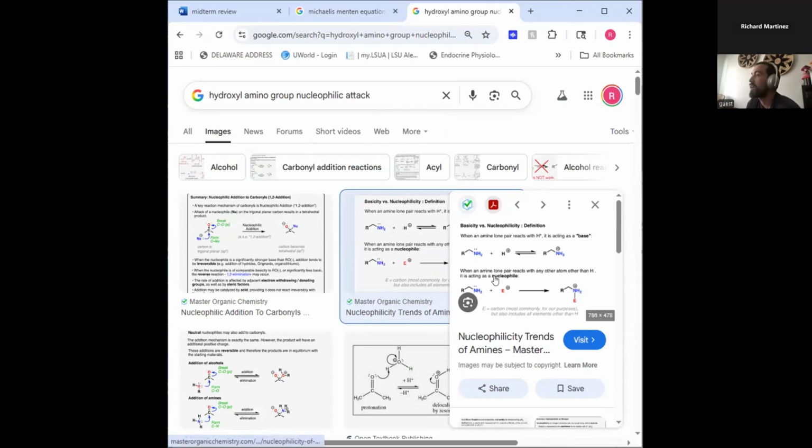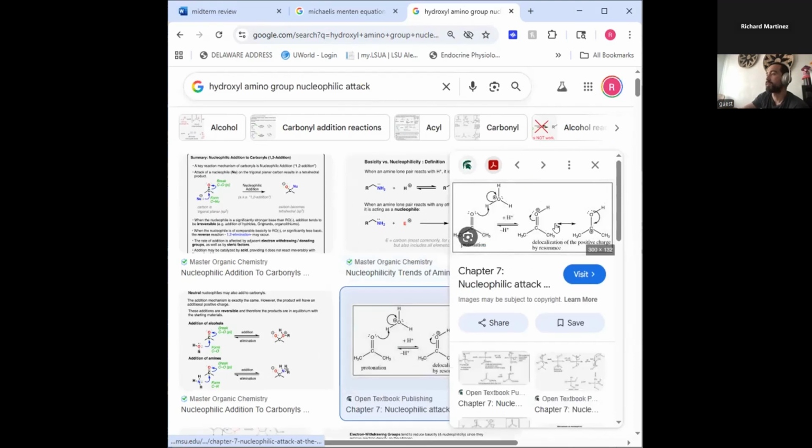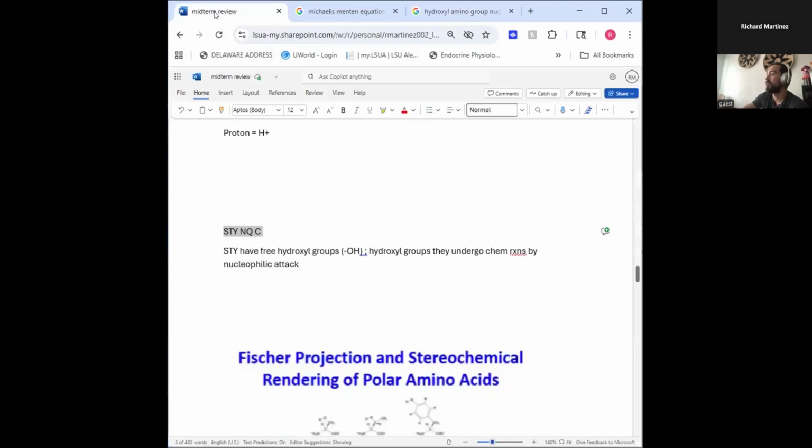So when an amine lone pair reacts with any other atom other than hydrogen, it acts as a nucleophile. Okay. So you can see here, kind of going into a little bit of OChem, but that's biochem. It's going to dance from gen chem, it's going to dance from OChem, and it's going to have a little dance of biology as well, even some physics as well.